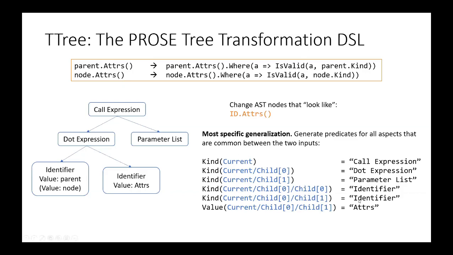In some sense, this gives you the fact that the AST is supposed to look like this, because all the predicates are common between the two inputs, except for this particular node, where the parent and node are different. So that thing gets generalized. You just have some identifier there before the dot.